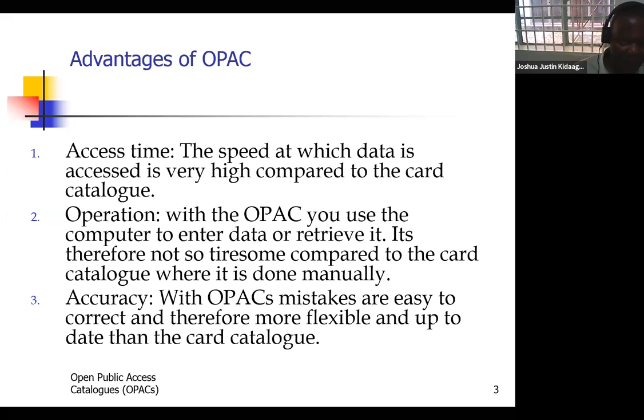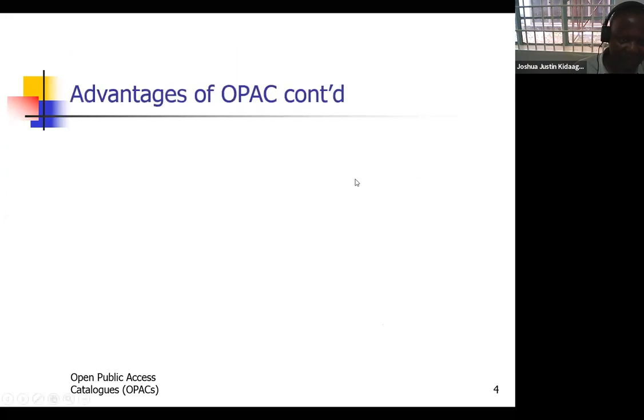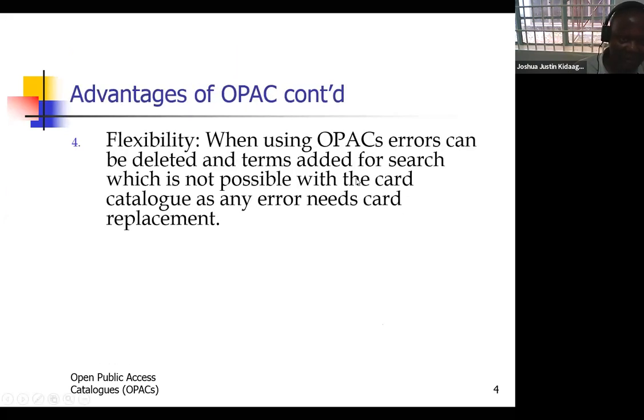Then another advantage of the online public access catalog is to do with its flexibility. When using OPACs, errors can be deleted and terms added for search, which is not possible with the card catalog, as any error needs card replacement.